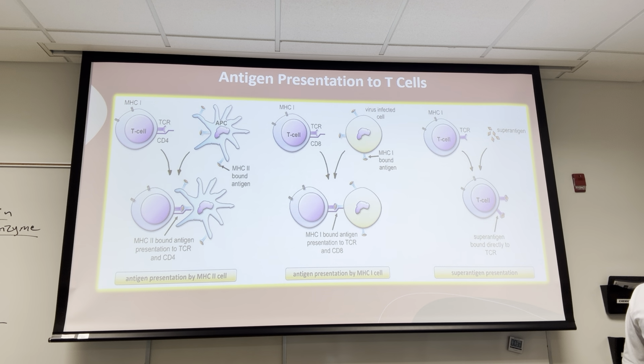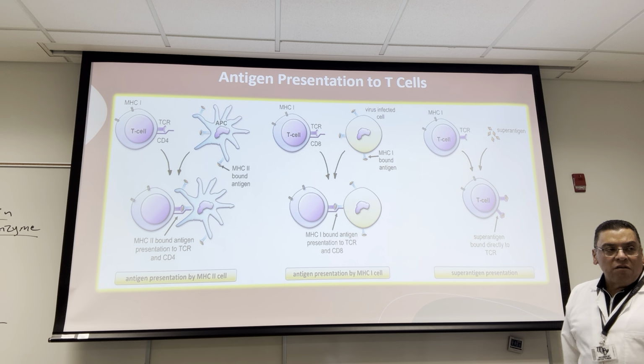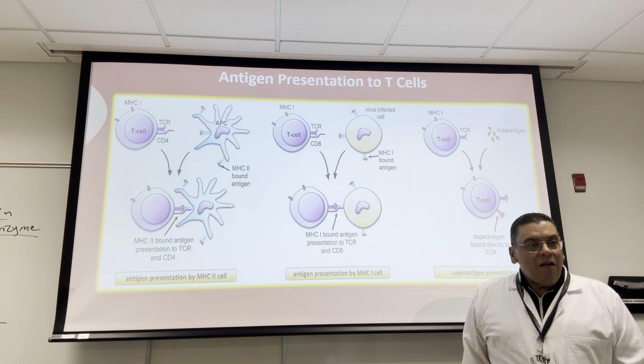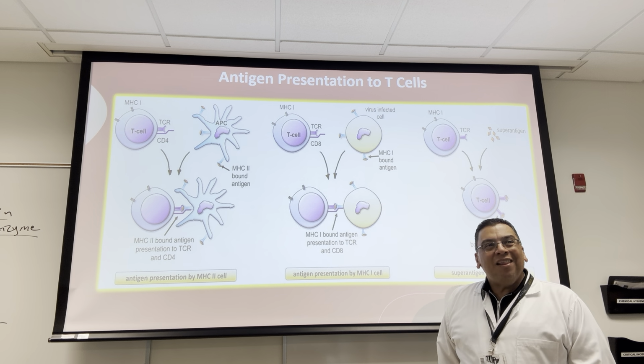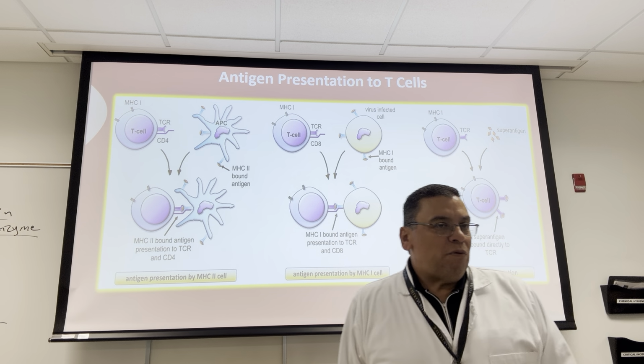Now there are some, like some exotoxins that do this. And those would be collectively referred to as superantigens. Superantigen is any exotoxin, for example, that directly binds to the T cell receptor and directly activates it without antigen presentation.